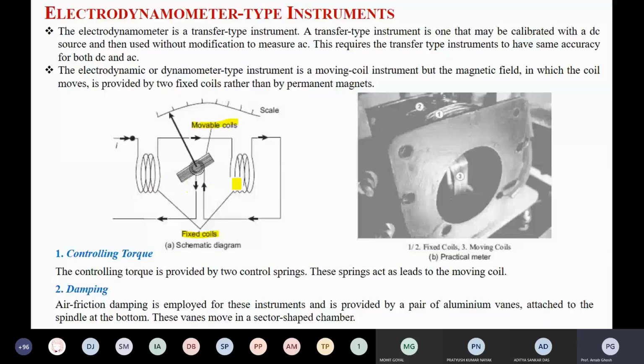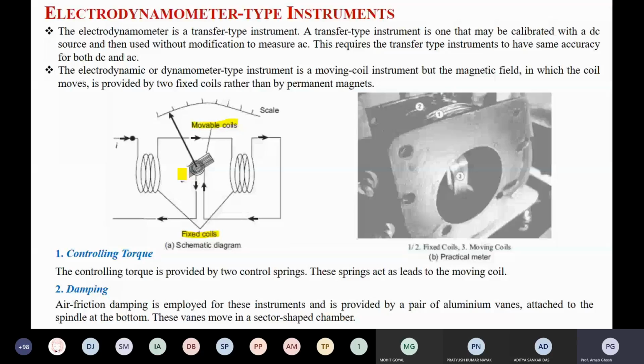In the MI type instrument, outside there is a coil and inside there is an iron former or yoke made of soft iron, as per the attraction.